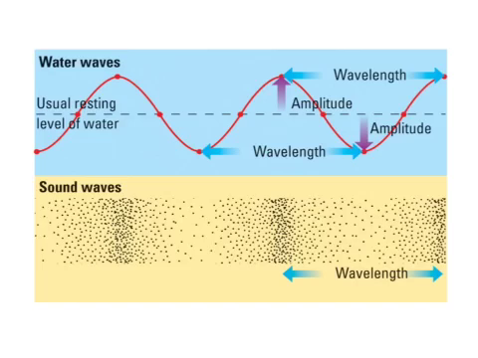So these are the two different types of waves we're looking at here. This is the transverse wave, and this is the compression wave. Sometimes the transverse wave is referred to as the water wave.